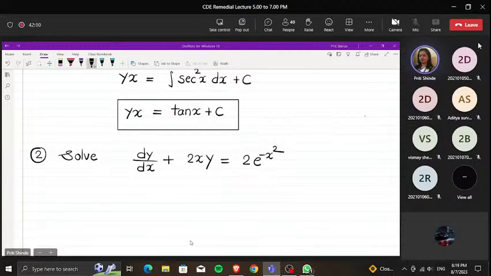So I am giving you 2 minutes. First tell me how to solve this differential equation, by using exact or by using linear differential equation.